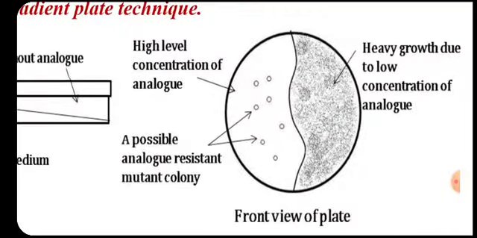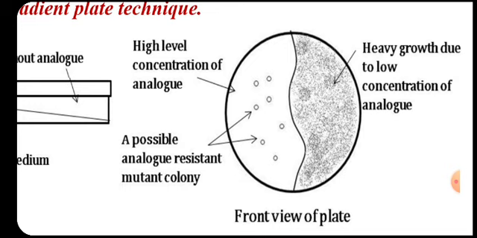After incubation this may be the picture. So the left side is the high concentration zone, having a high level of analog, and the right side has a low concentration of analog. Obviously on the right side there will be heavy growth due to low concentration of analog, and on the left side there will be a limited number of colonies formed due to high concentration of analog.